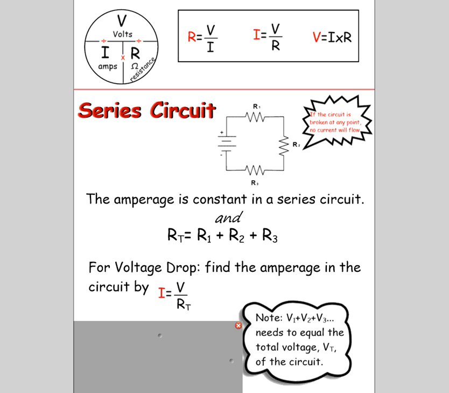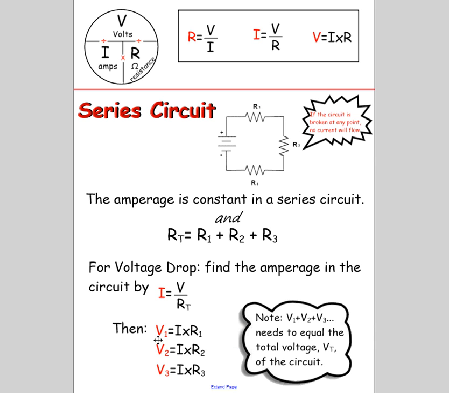Then you would go through and find the individual voltages across the resistors, if say the resistors were different amounts. To do that, you could use your amperage and the resistor 1, resistor 2, resistor 3 using these formulas. We know the relationship voltage equals amperage times resistance.